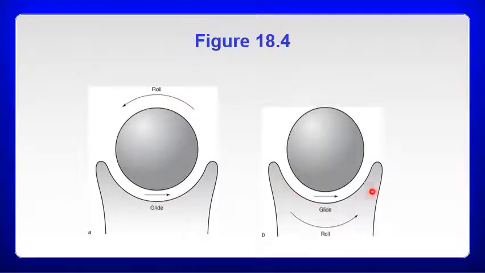If the concave is moving on the convex, now they both go in the same direction. Again, if this is anterior, this is posterior, just for the sake of the picture, your roll is going anterior. This is now your moving surface. The roll is going anterior and the glide is going anterior.